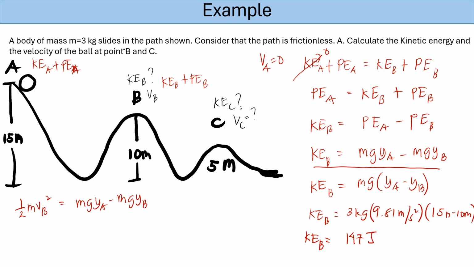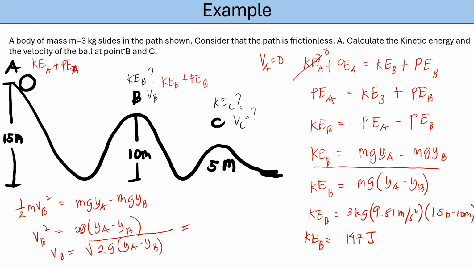So you'll have VB squared is equal to 2G times YA minus YB, or your VB will be equal to the square root of 2G times YA minus YB.